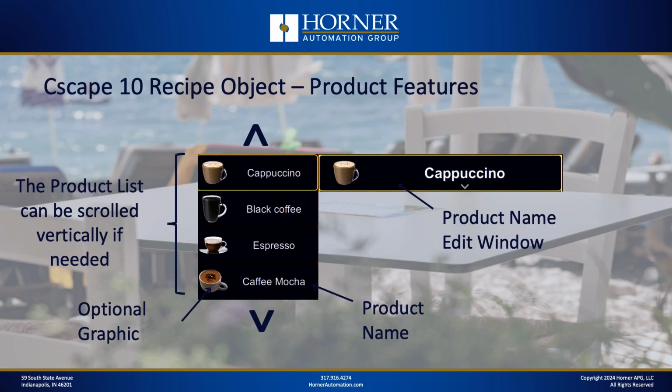For displaying the products, there is a product list along the left-hand side, which again can be scrollable, this time from top to bottom, as the operator selects the product that he wants to work on. And then the upper right-hand corner has the currently selected product listed.